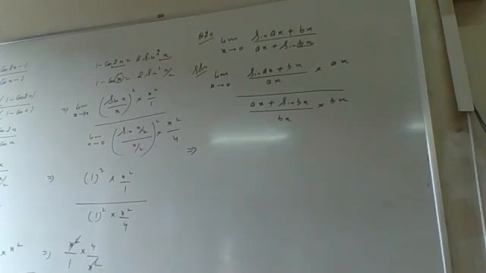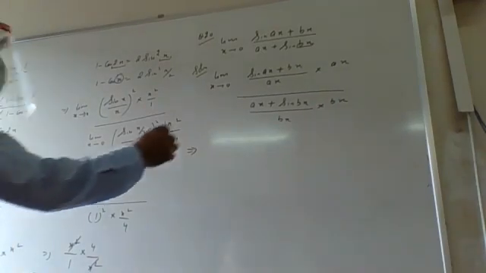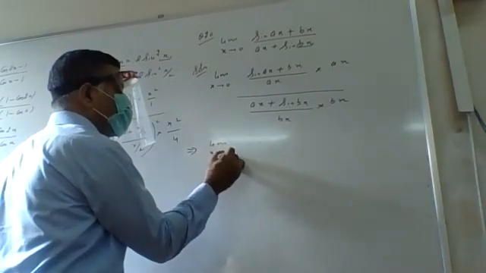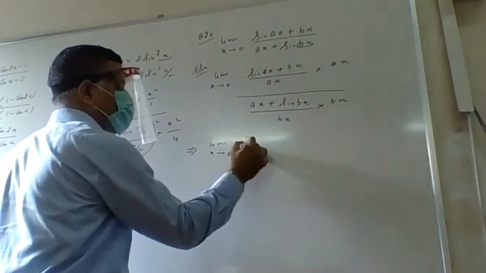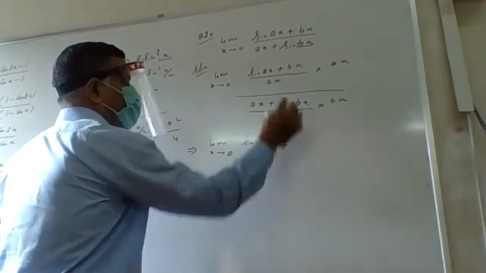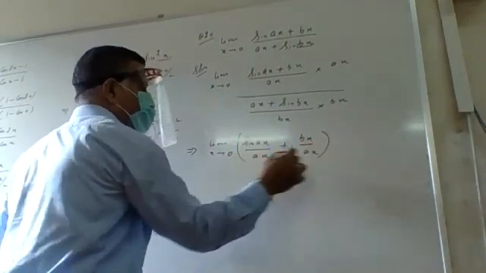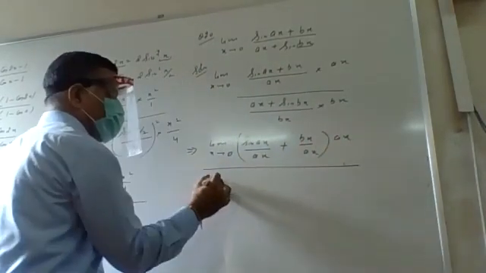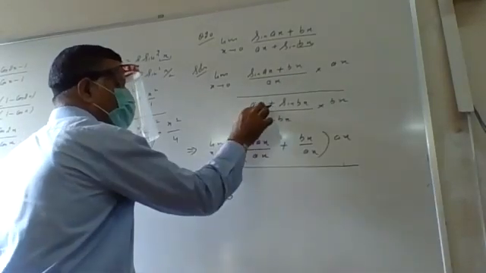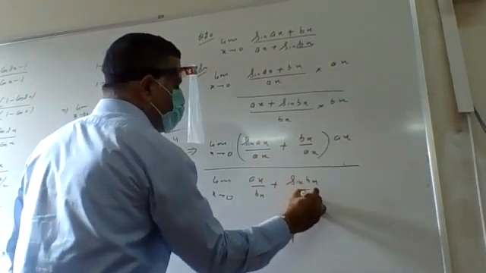What will I do with this x? That's what I am doing. See this, this is limit x tends to 0, this over this, plus bx upon x, this is the x upon limit x tends to 0, ax upon bx, bx upon bx.